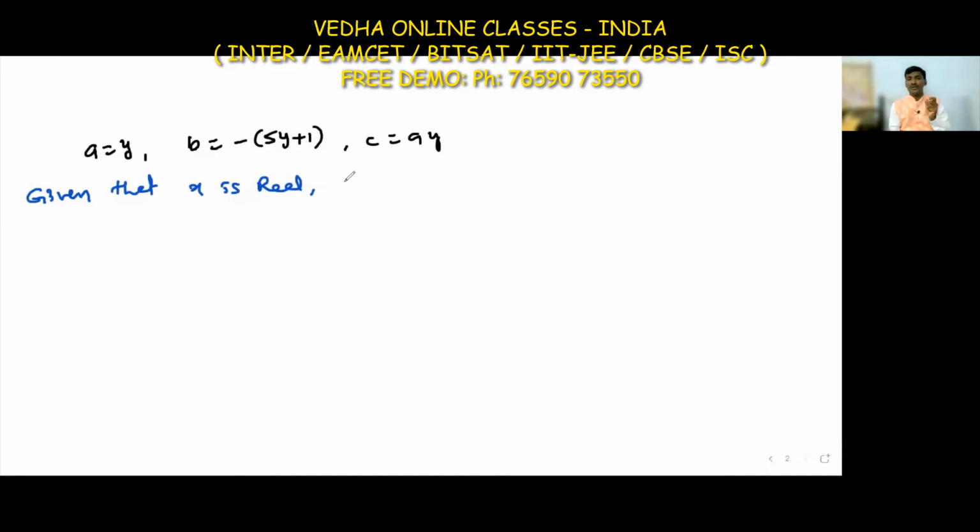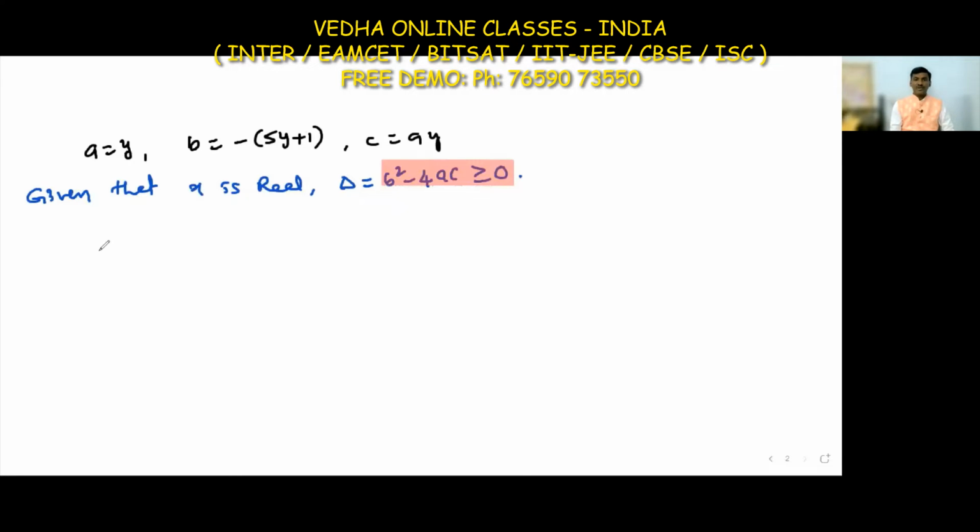Okay, discriminant delta, that is nothing but b square minus 4ac value is always greater than or equal to 0. In each and every problem we take the same condition, b square minus 4ac greater than or equals to 0. Every equation we compare with ax square plus bx plus c equal to 0, and we write a, b, c values and substitute in this equation.